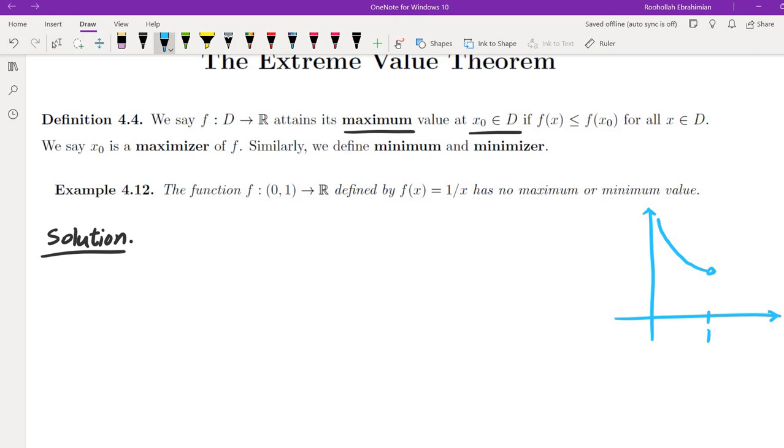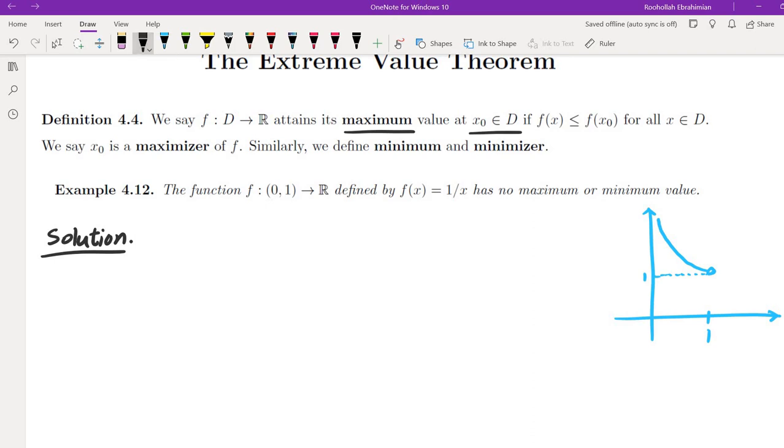As you see, the value of the function goes to infinity as x approaches 0, which is why it doesn't have a maximum. And there is also no minimum because the values approach 1, but they never reach 1. In other words, there's an infimum for the image of the function, but the infimum is not in the image.